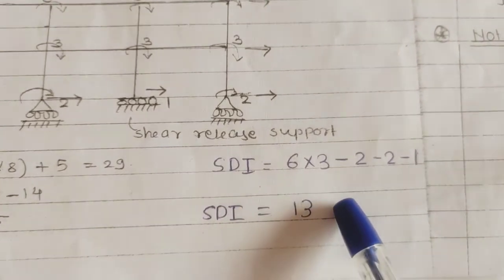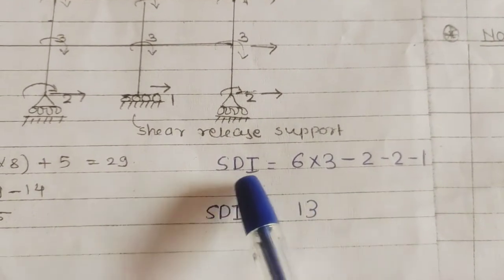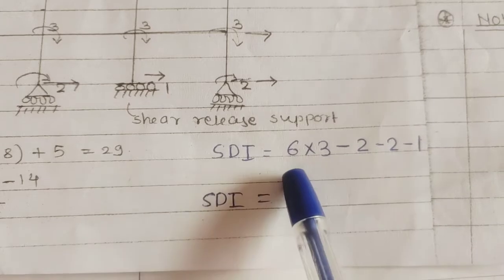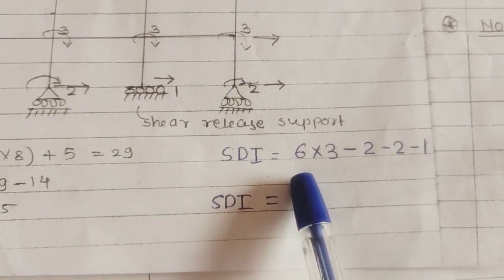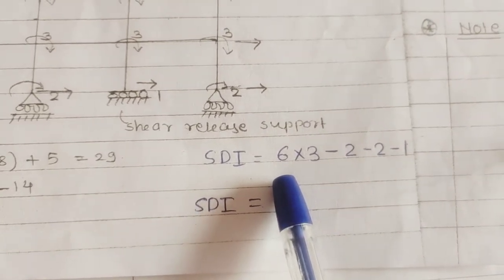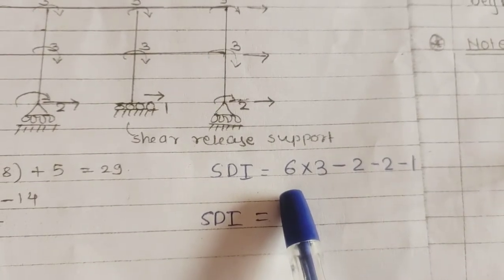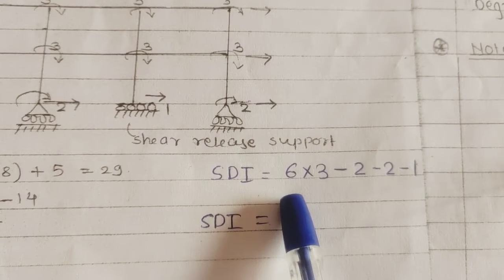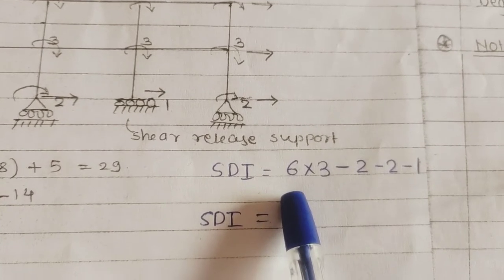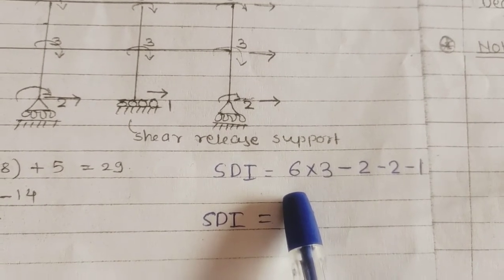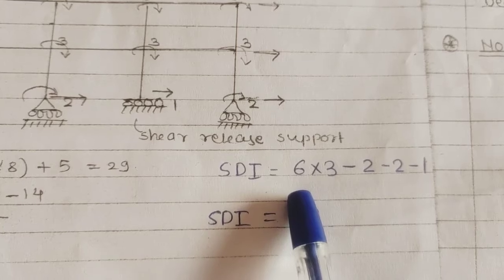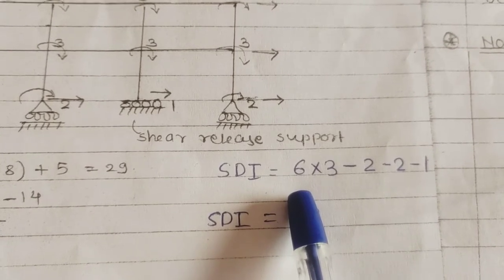Similarly, in same problem you can calculate the static degree of indeterminacy, that is SDI. For calculating the SDI, we discussed the formula, that is you have to count the number of closed spaces and multiply it by 3 when all the supports are fixed support, and you have to deduct 2 for roller support and 1 for hinge support.